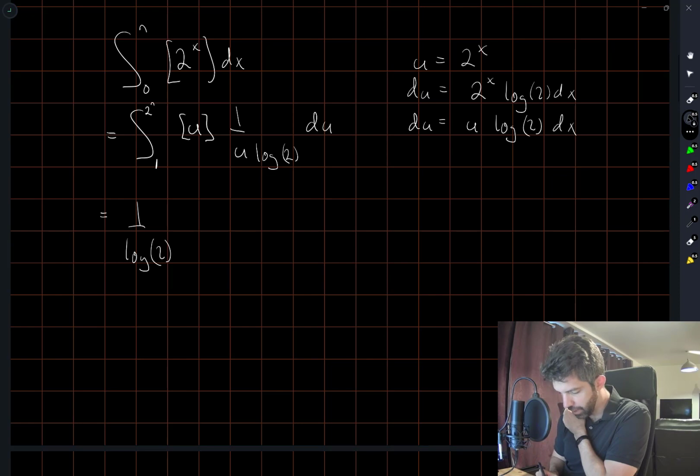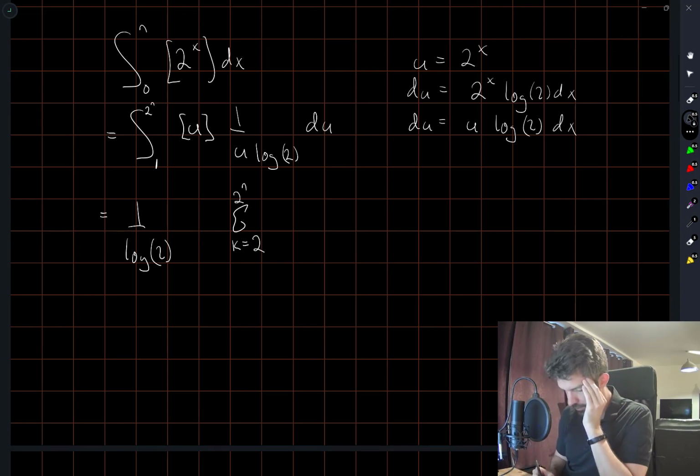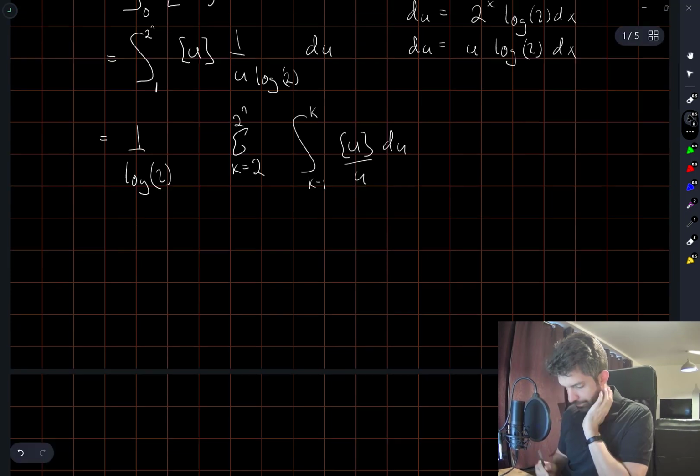If I write this as a sum, k goes from 1, let's write it as k goes from 1 to 2 to the n, integral from k minus 1 to k of the integer part of u divided by u du.